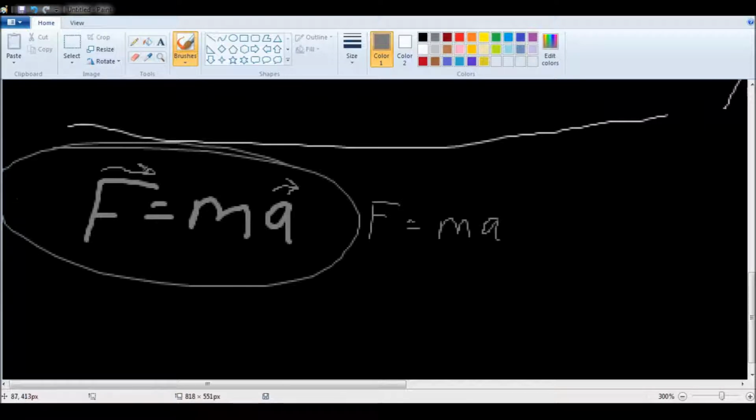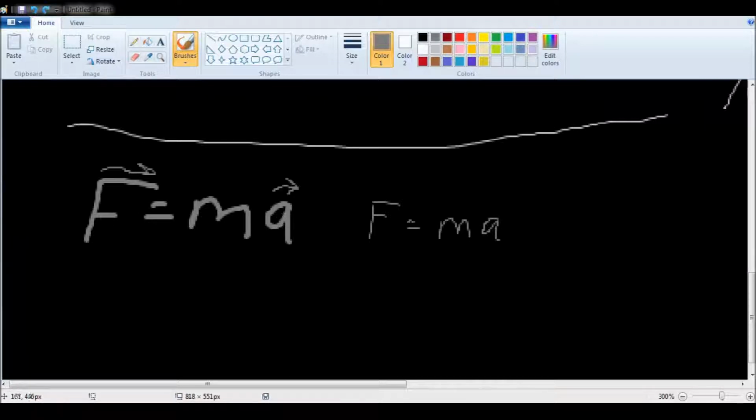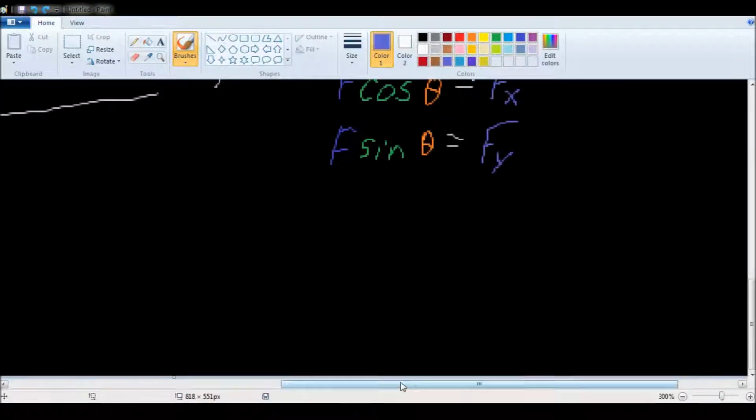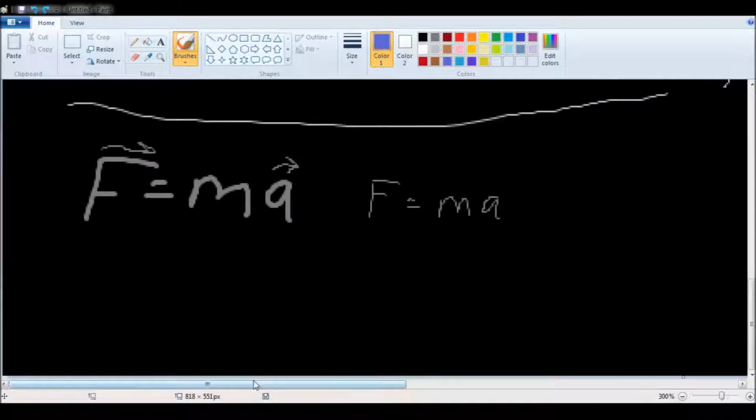But this shows you a little bit more, because it says that this acceleration is going to point in the exact same direction as this force. So if you were pushing something straight up, it's going to accelerate straight up. Surprise, surprise, right?